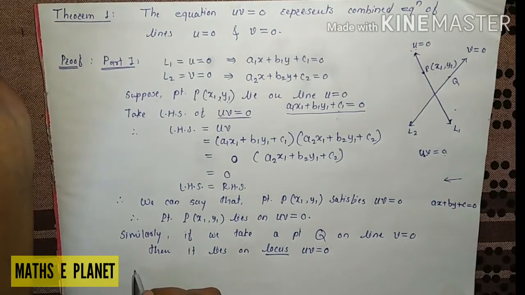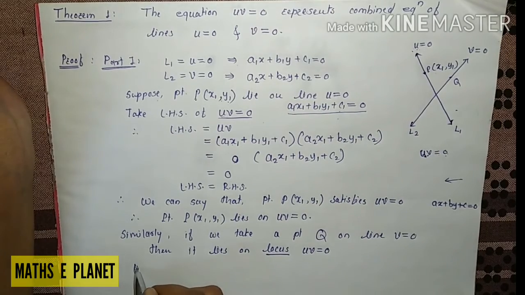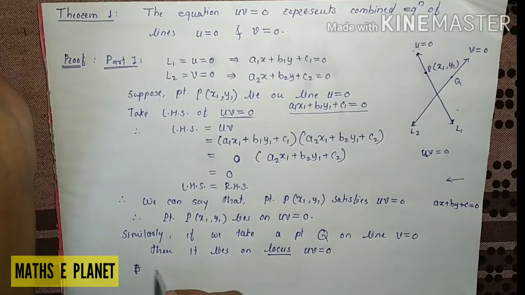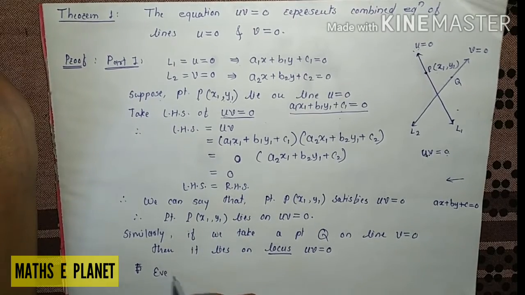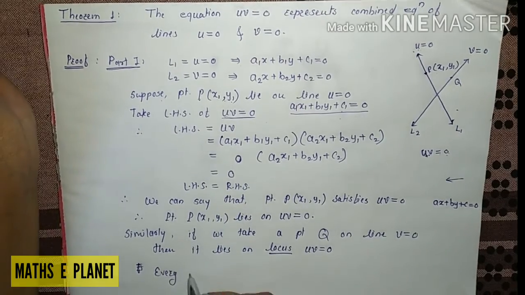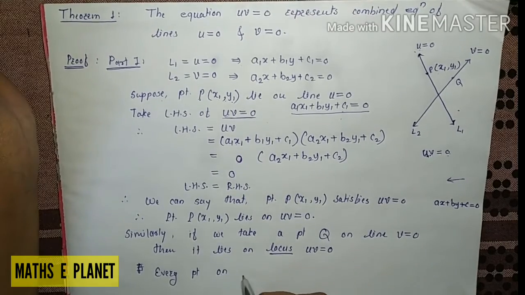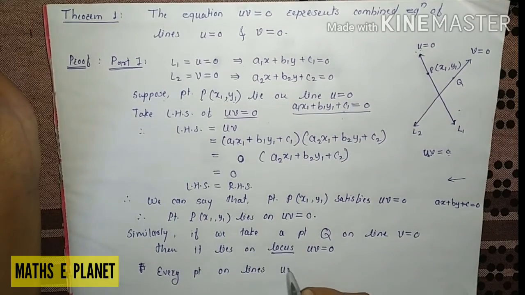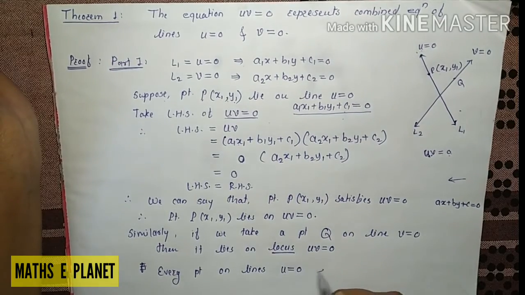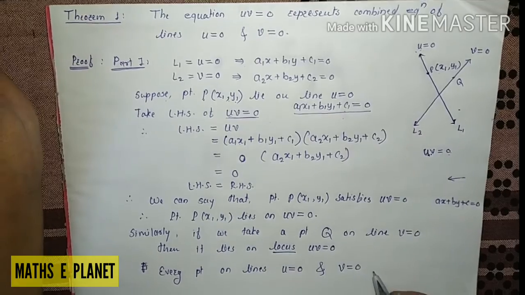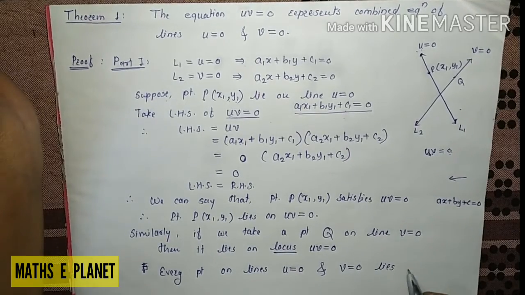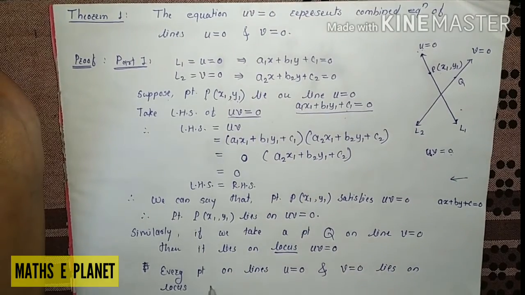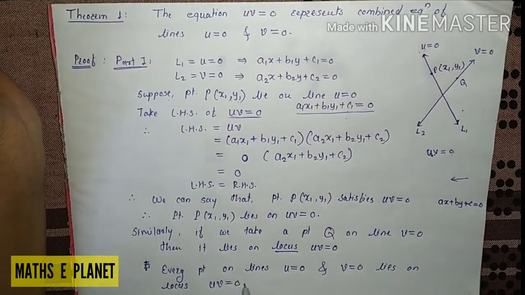So finally, for the first part we can write that every point on lines u is equal to 0 and v is equal to 0 lies on locus u into v is equal to 0.